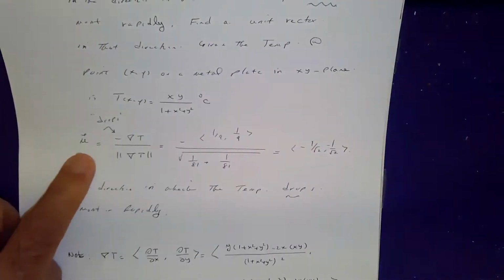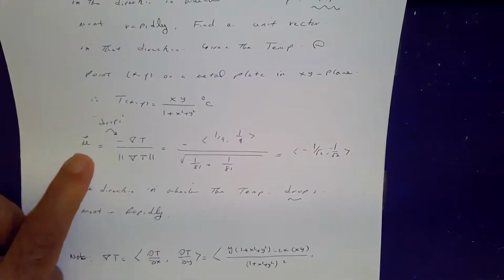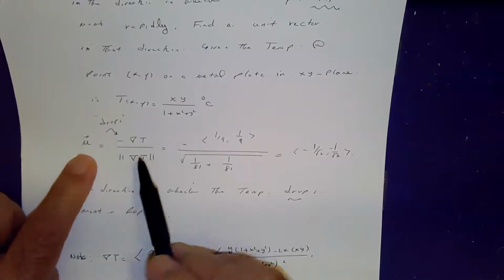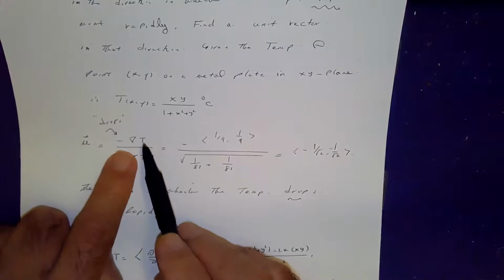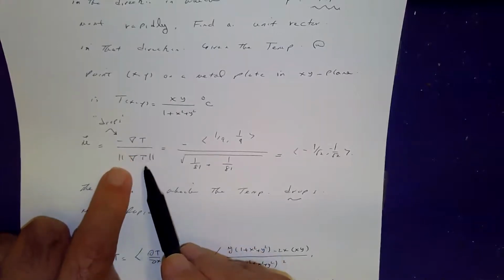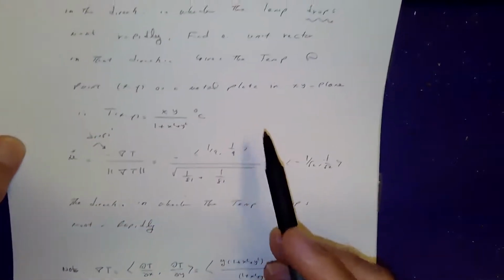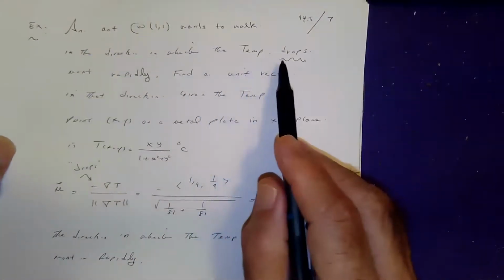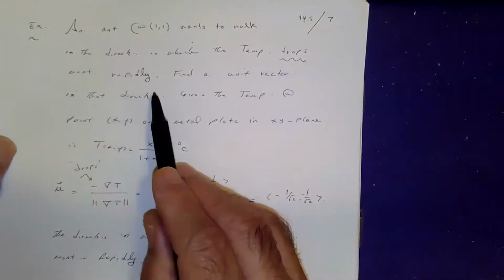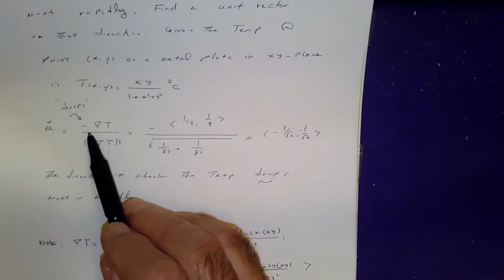To find the direction, that means to find the unit vector. Okay, so how do you find this? That would be the gradient of the temperature divided by its magnitude. The reason I have the minus here is because it says the temperature drops most rapidly. Drops means negative.